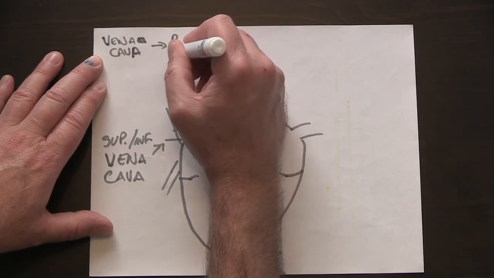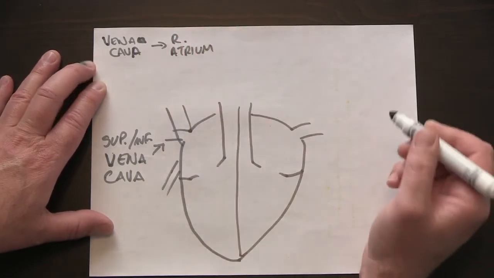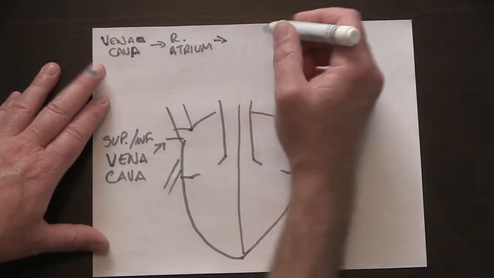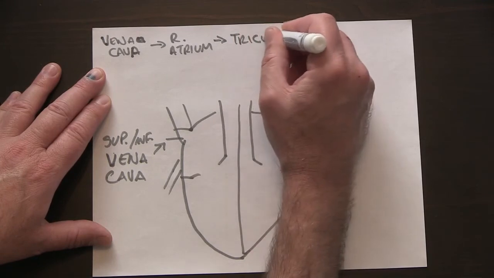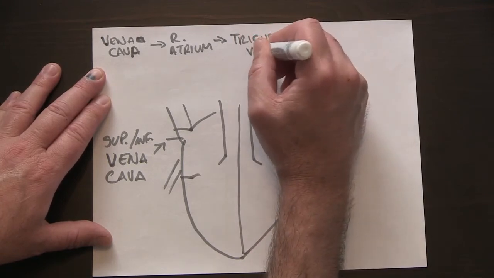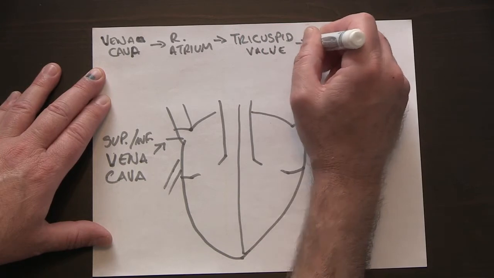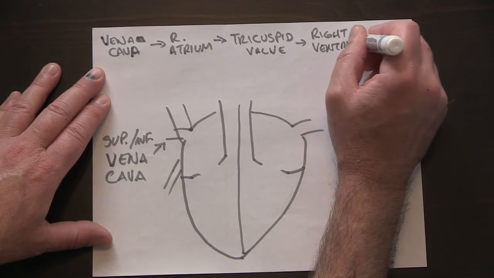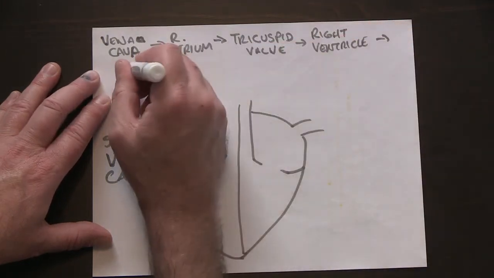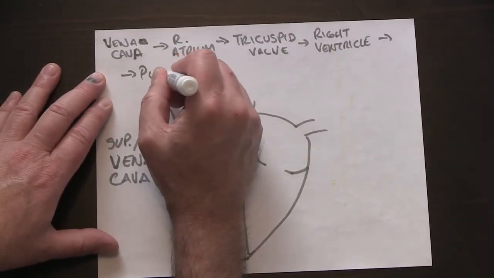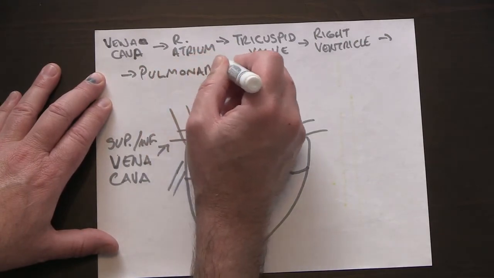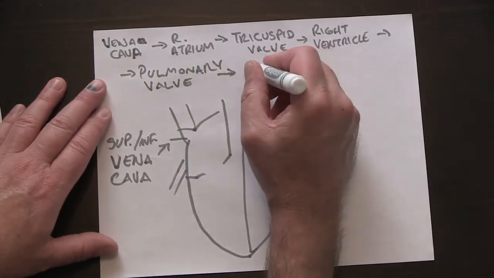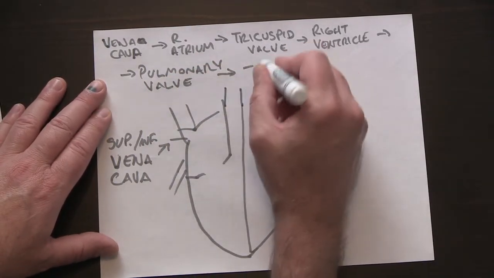And then it goes into the right atrium. And then goes through the tricuspid valve into the right ventricle, and then through the pulmonary valve, and then goes out through this blood vessel here is called the pulmonary trunk.